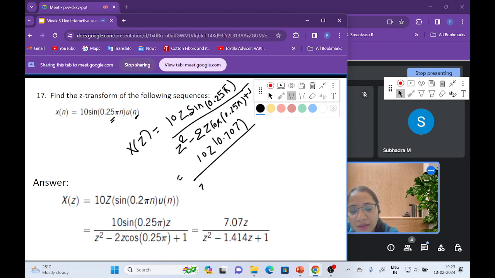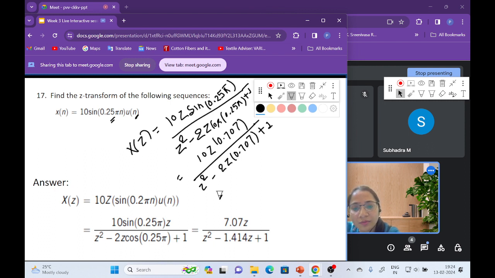divided by z square minus 2z, and what is the value of cos pi by 4? That will be the same, 0.707, plus 1.